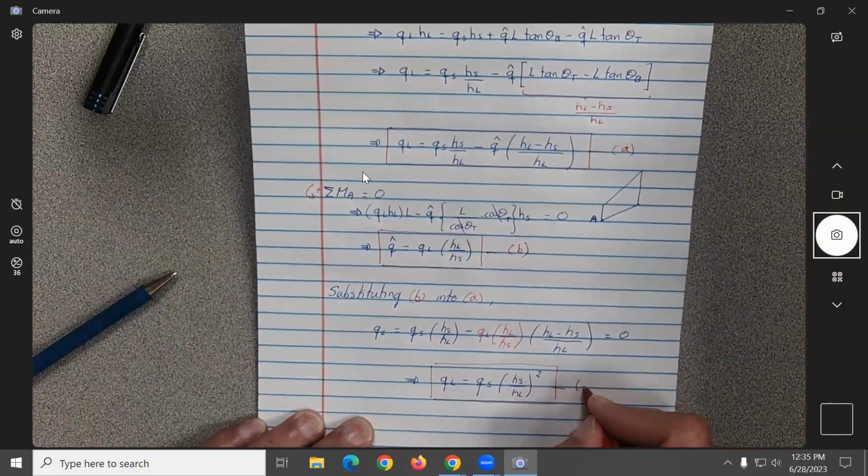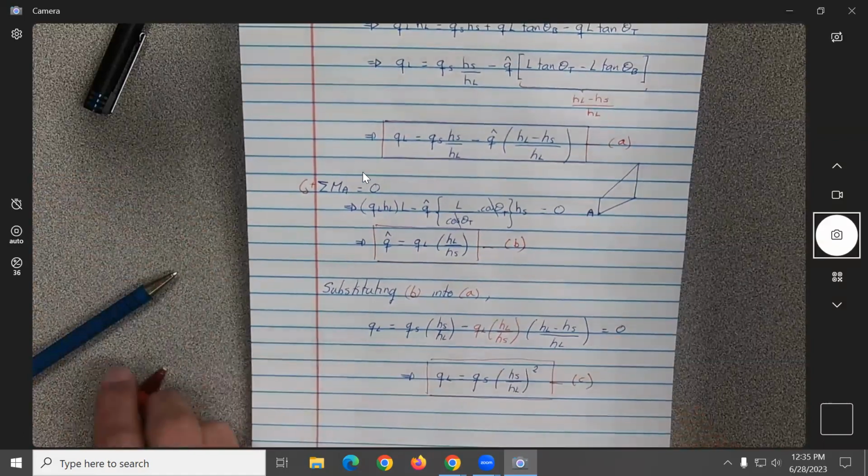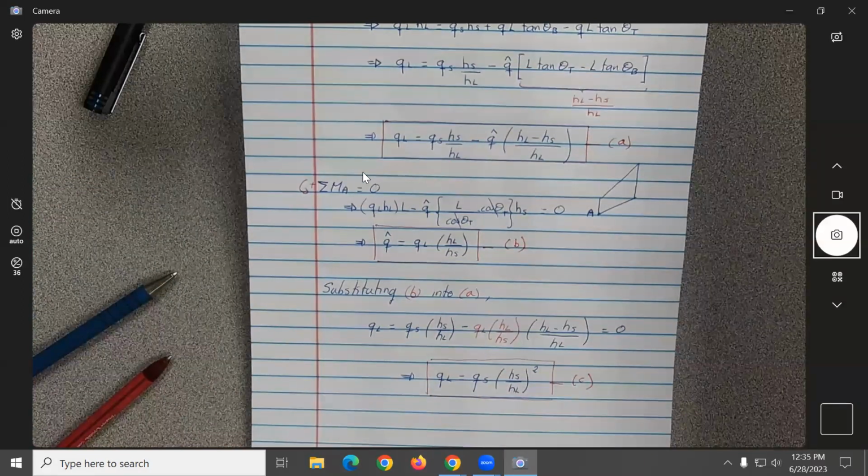Almost there. Let's call that equation C. One more equation, that's it.